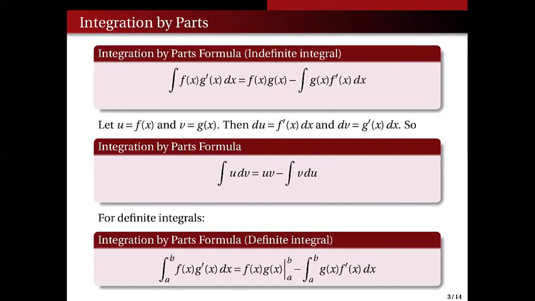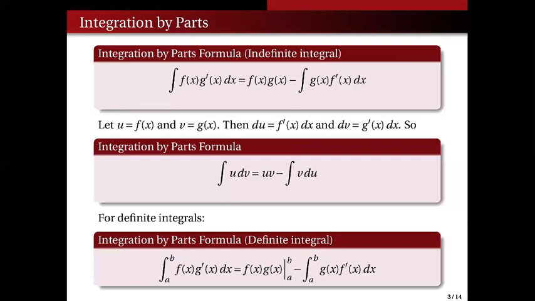And then the second part of your mini goal is: is this integral here, v du, easier to integrate than the original integral? So you have to keep in mind those goals.